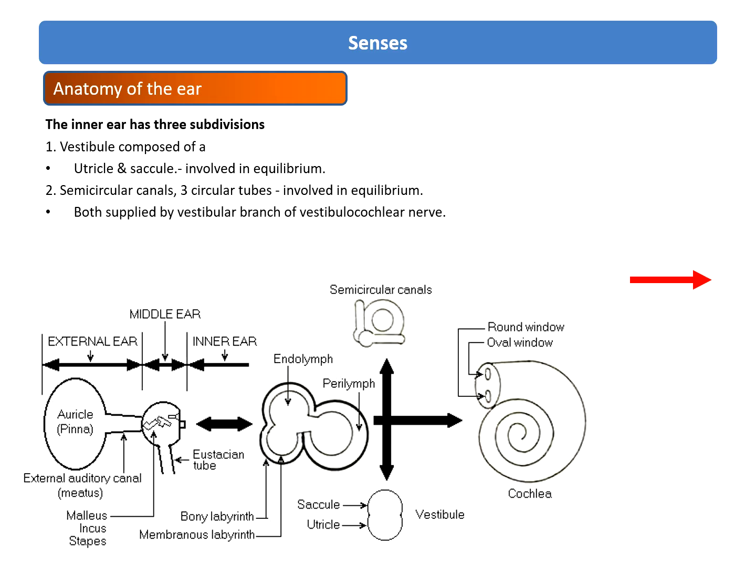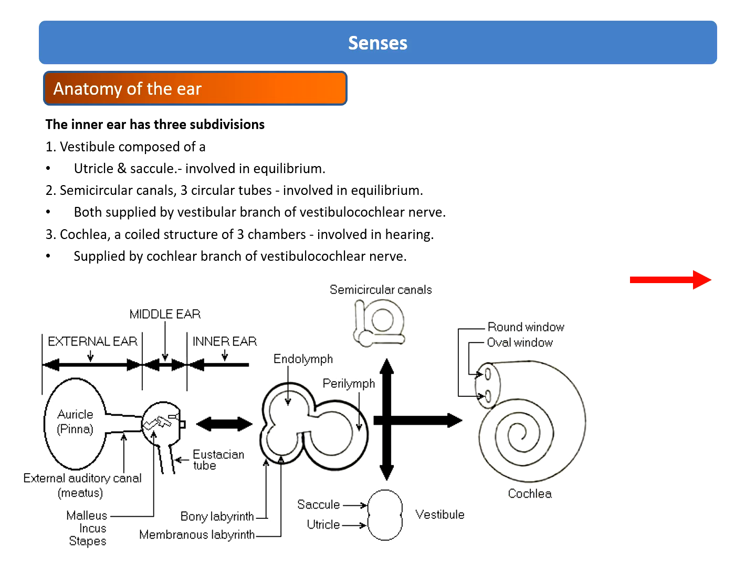Well, we did because it fit the poem that we went over, all the limpets and so forth. Properly, that nerve is called the vestibulocochlear because it supplies the vestibule and the cochlea. The cochlea is a coiled structure of three chambers. It's involved in hearing. It's supplied by the cochlear branch of the vestibulocochlear nerve.